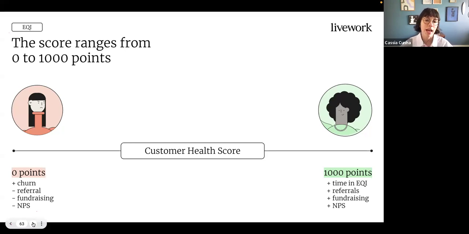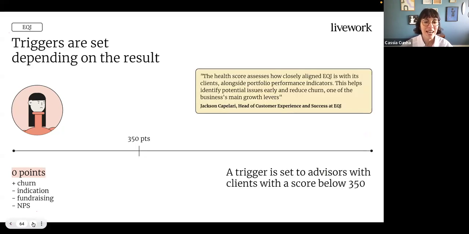But as I mentioned before, having this in place was not enough, right? Because, okay, I see the score, but what do I do with that? And then you can move to the next slide. As I mentioned, I think it was the 4th step, was to understand those triggers and set some actions.